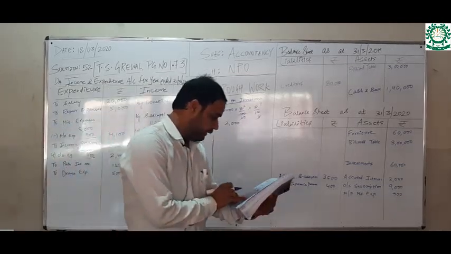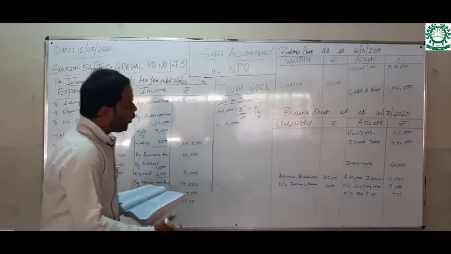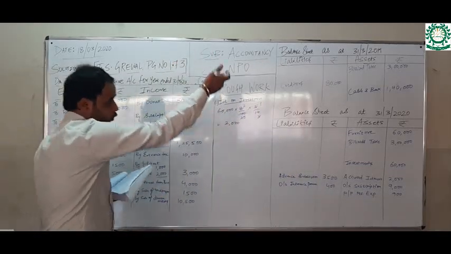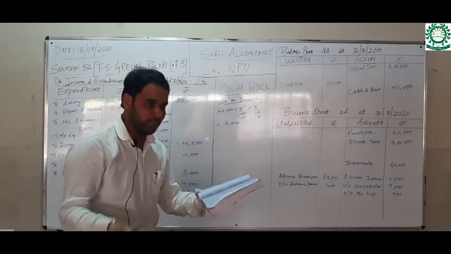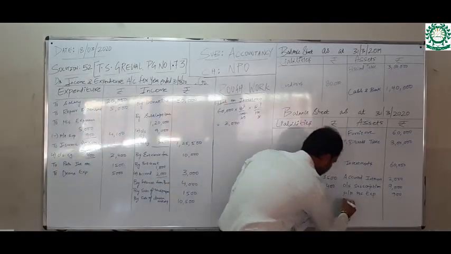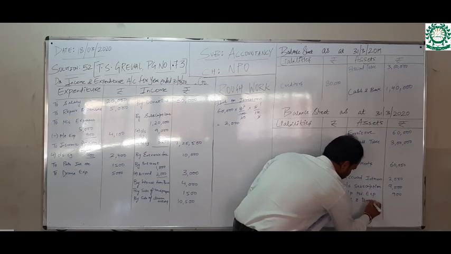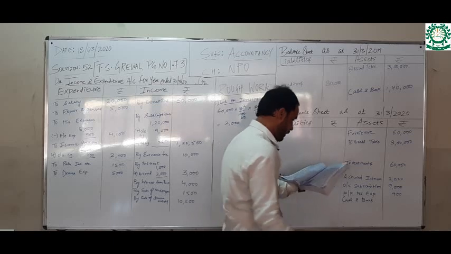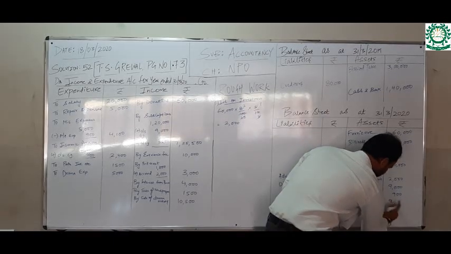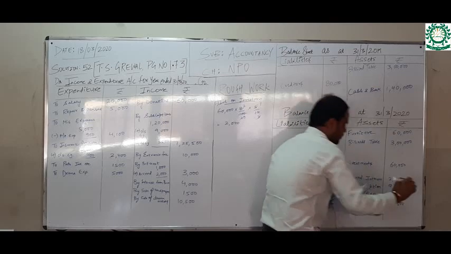Last item, that is balance of cash and bank. Opening balance was shown in opening balance sheet. So closing balance obviously in closing balance sheet. So closing balance sheet, that is cash and bank, and the amount is 98,500.